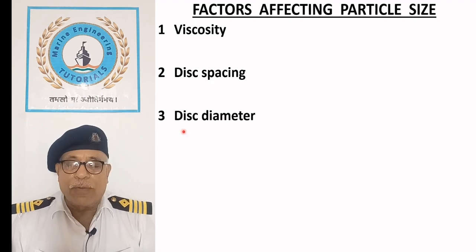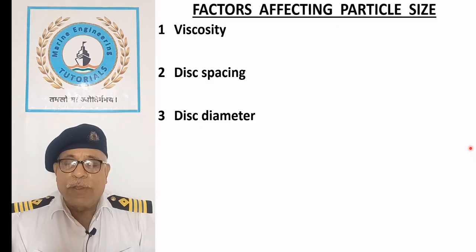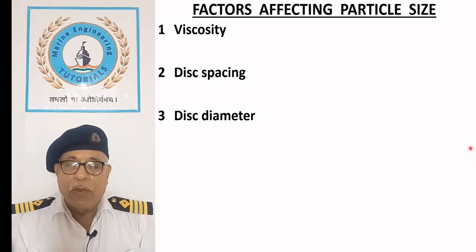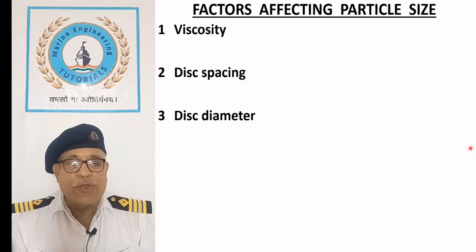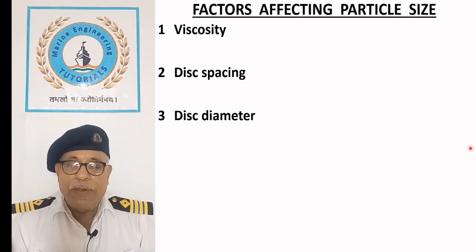Disc diameter. Larger disc diameters increase surface area, centrifugal force, and dwell time of oil between the discs, improving separation. However, disc diameters are typically limited to about 400 millimeter to restrict bowl size.